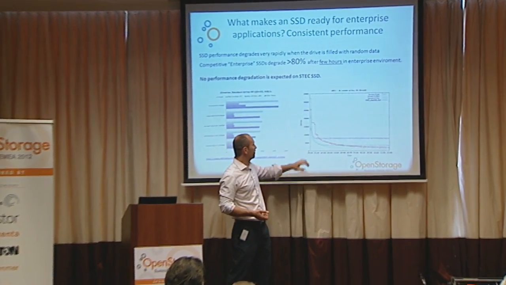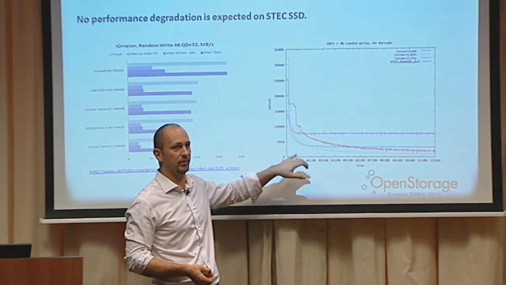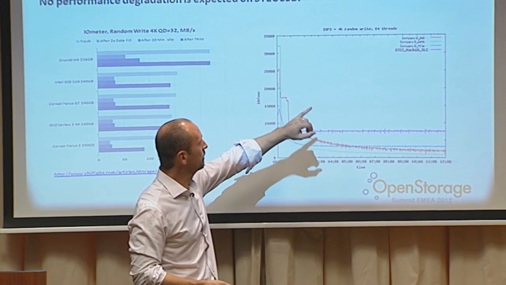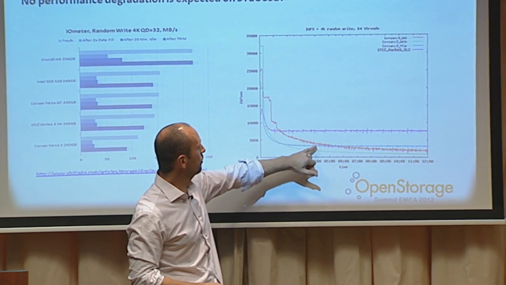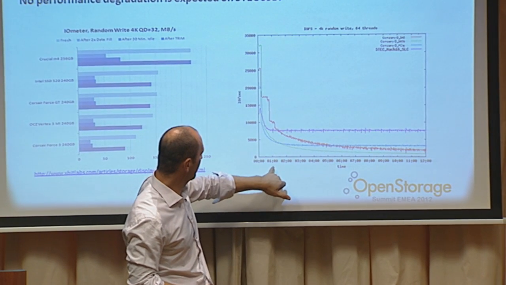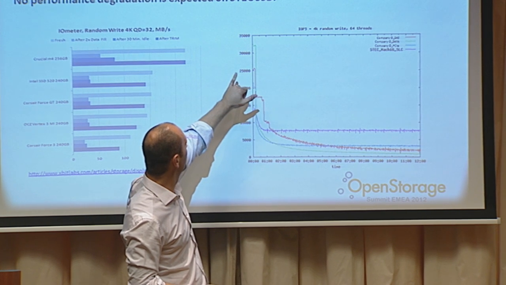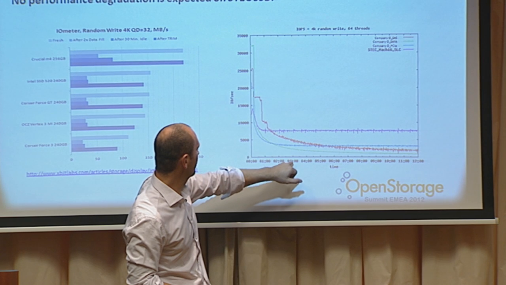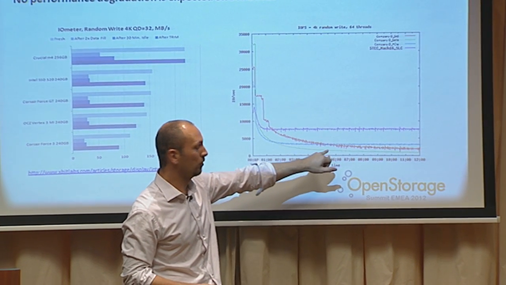And if you look at the performance, this is done by one of our customers, so this graph was not developed by STC. If you see the performance degradation that you get on the SAS device, which is the red one, after 2 hours of operation you get from 35,000 IOPS down to, here, 3 hours, 5,000 IOPS, and it's getting lower and lower.